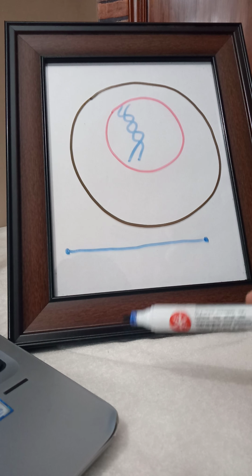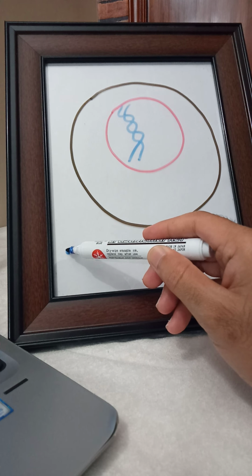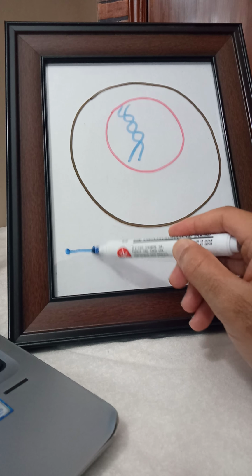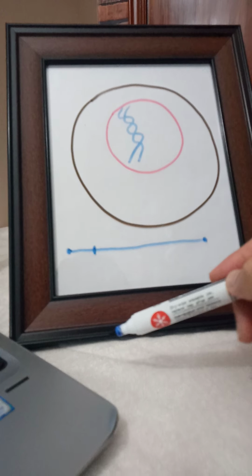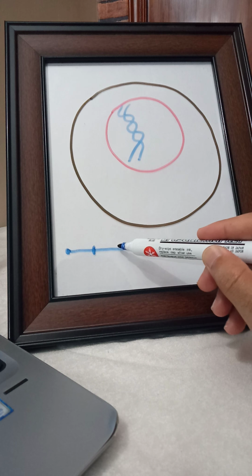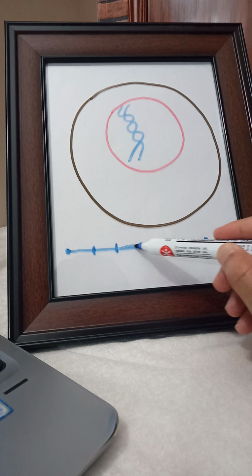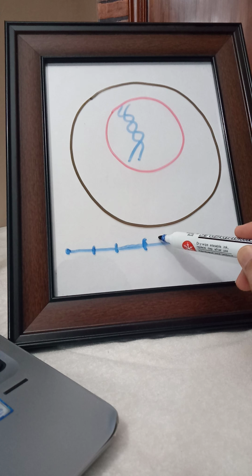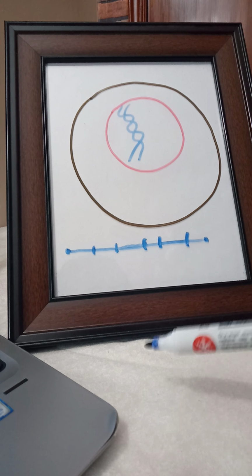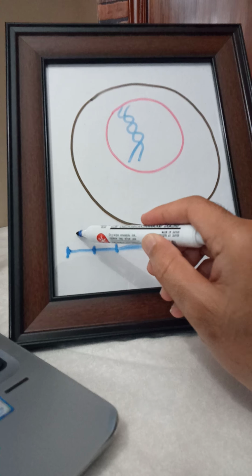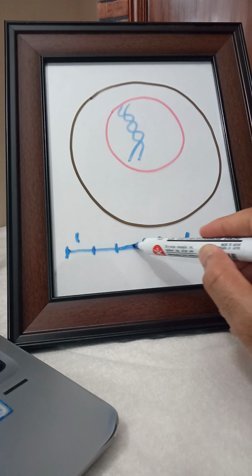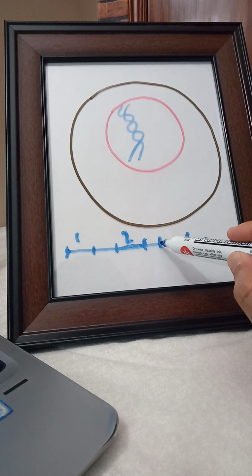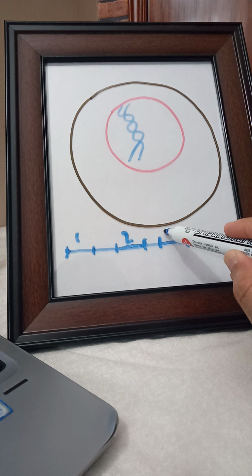Genes mean you can call this area from here to there a gene, and then again maybe this area from here to there can be the second gene, and this area from here to there can be the third gene. So this is gene number 1, this is gene number 2, and this is gene number 3.